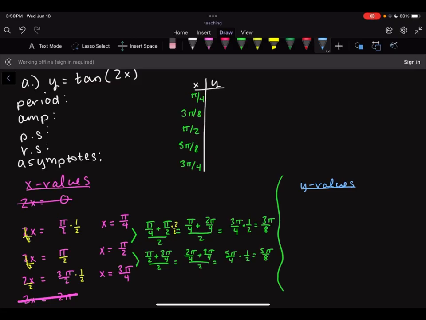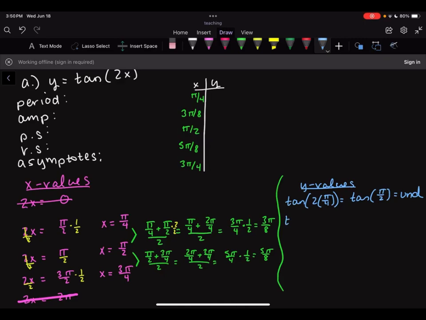Anytime you want to find your y values, you can always just plug in the x values that you got. So if I do tangent 2 times pi over 4, I would get tangent pi over 2, which is undefined.